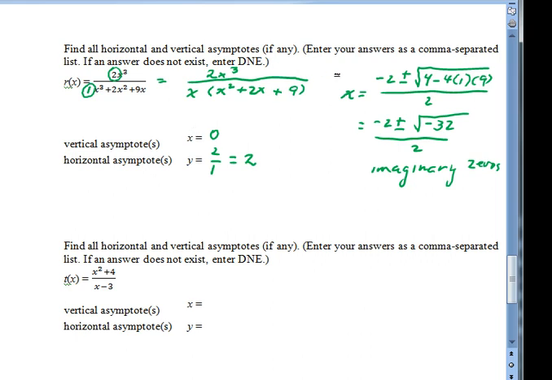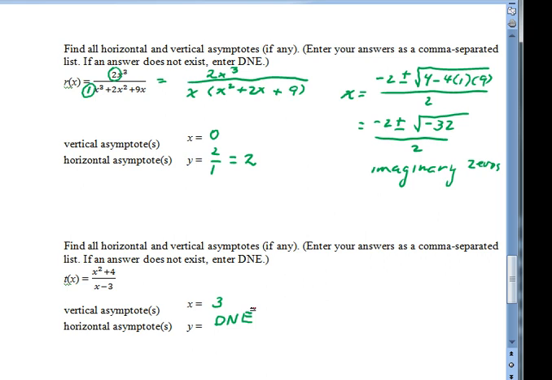In the last problem, we only have one 0 in the denominator. It is x equals 3. And the degree of the top is larger than the degree of the bottom. And so there are not going to be any horizontal asymptotes in this case.